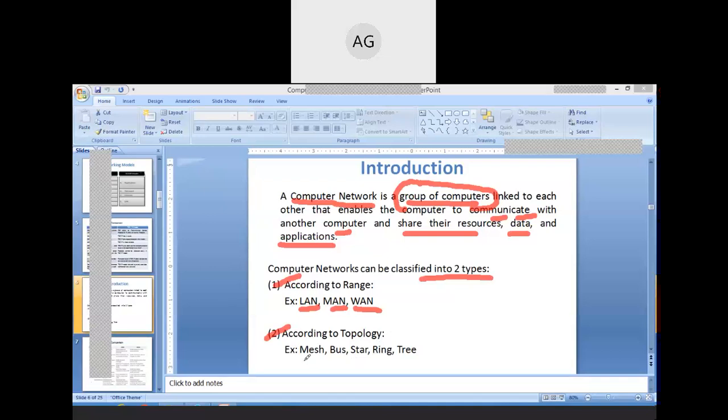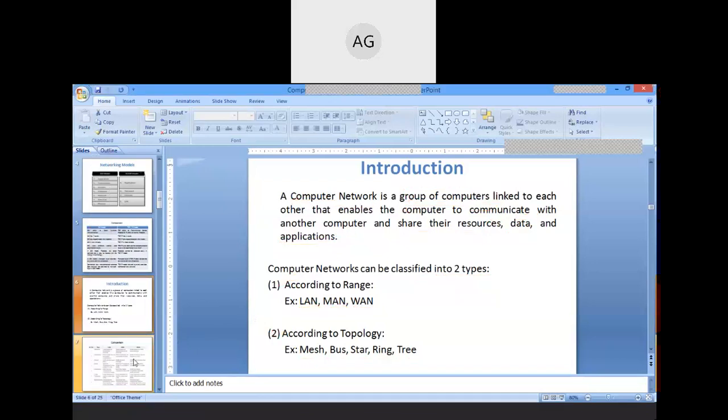There are certain topologies like mesh topology, bus topology, star topology, ring topology, and tree topology. These are some examples of topologies through which computer systems are connected in a network. So computer networks are classified according to range and according to topology. Let's start with range. Moving to the next slide.